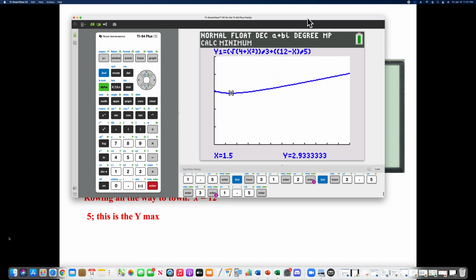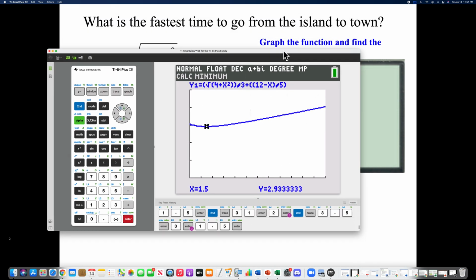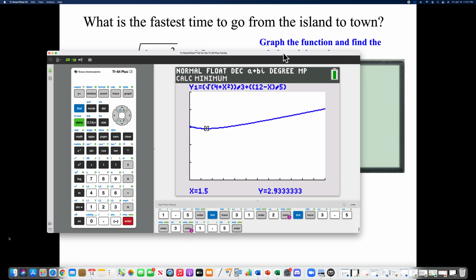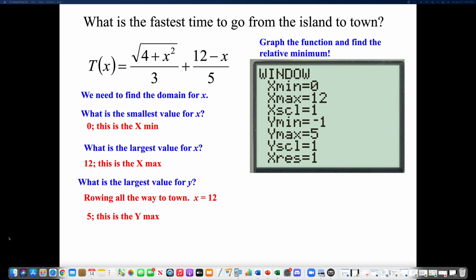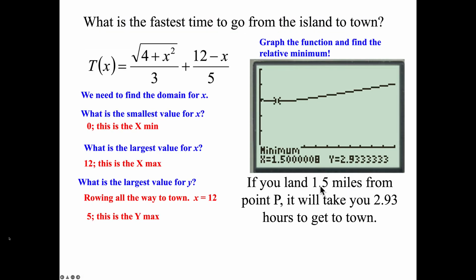So what this is telling us is that you need to land your boat 1.5 miles from point P. If you do that, it will take you a total of 2.93 hours, because it's hours since our rate was in miles per hour, to get to town.